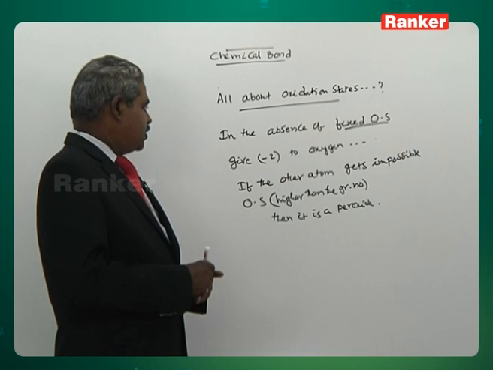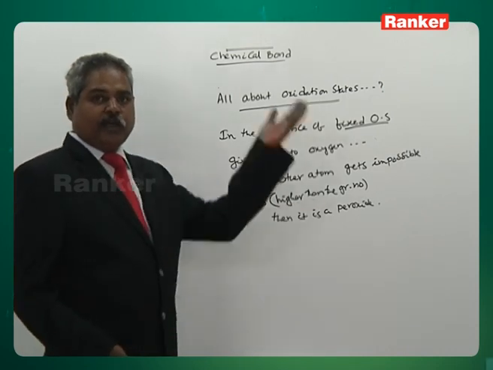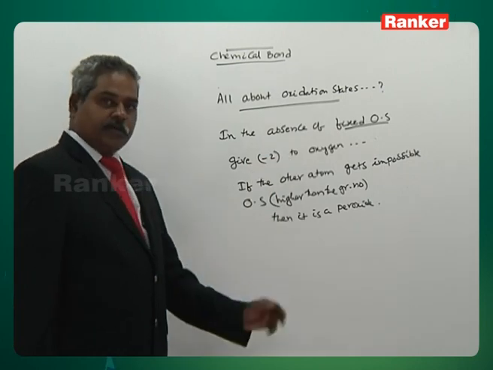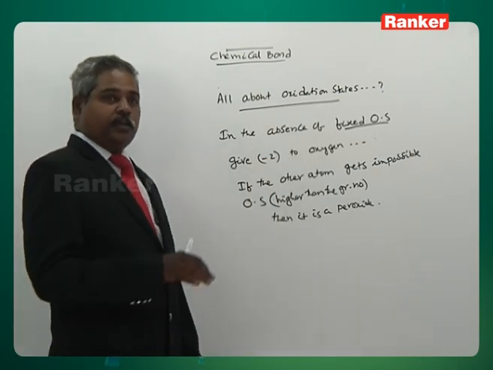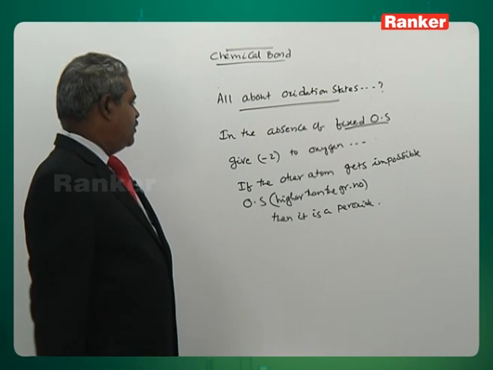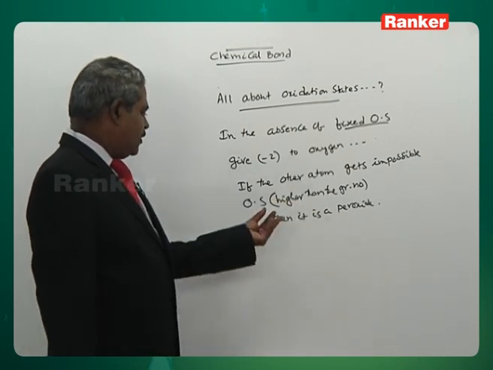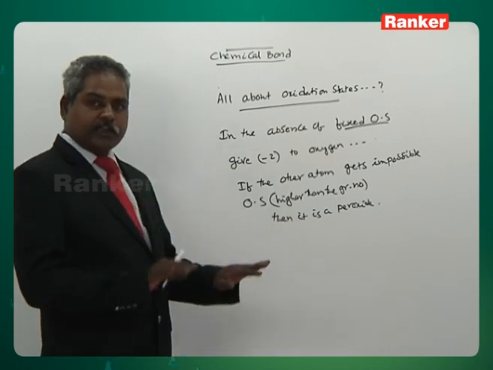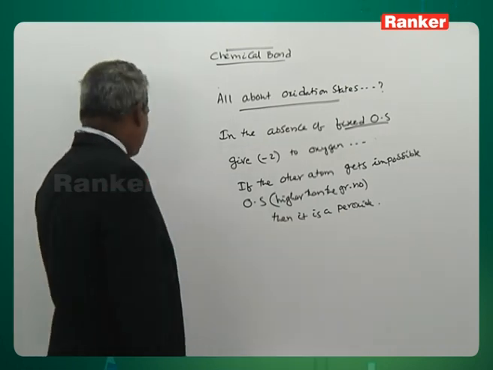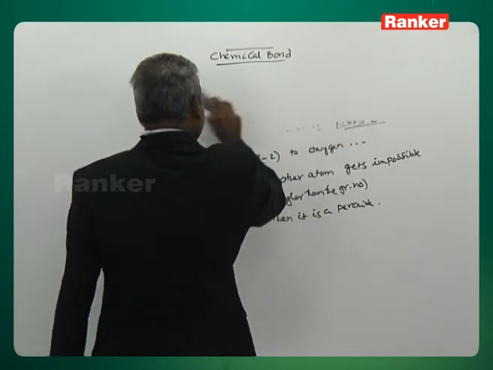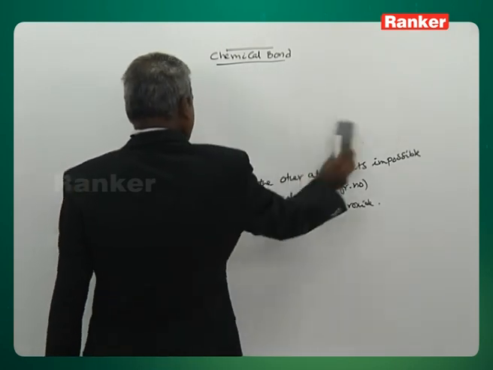If oxygen is minus 2, the others are becoming too highly positive. Therefore, oxygen says minus 1. When they become higher than their group number, oxygen says okay, minus 1, it will decrease. So, oxygen is variable in all the compounds.